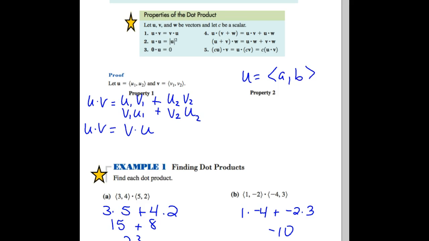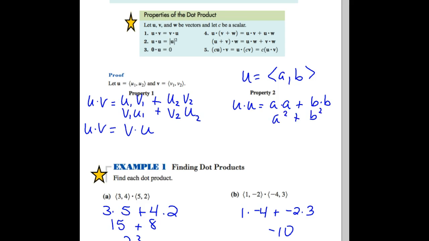Instead of using all of our little subscripts, we'll just say we have two components, a and b. If we are going to do the dot product of u with itself, that means first times first would be a times a, and second times second is b times b. A times a is just a squared, b times b is b squared.